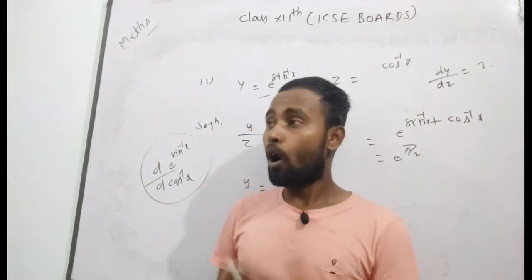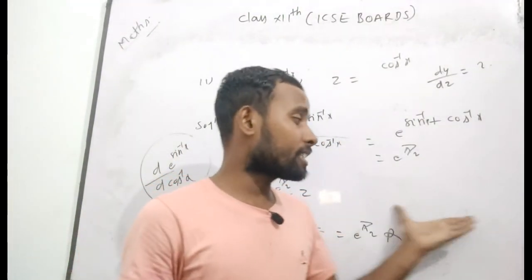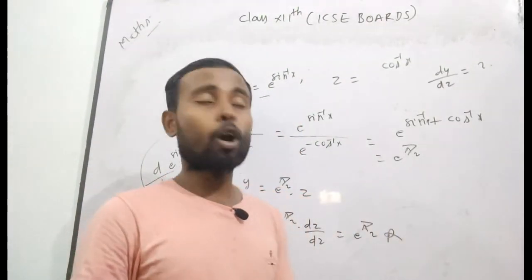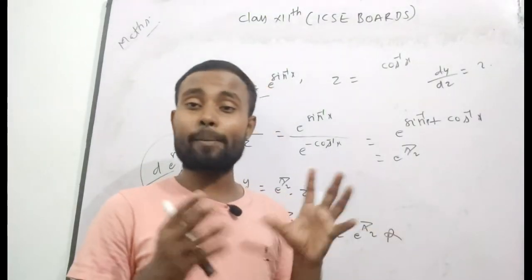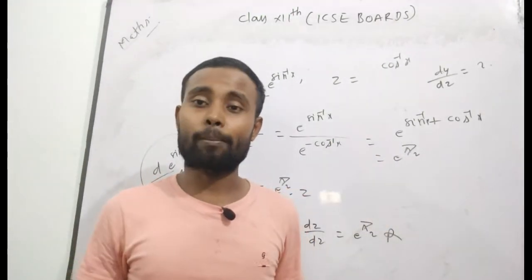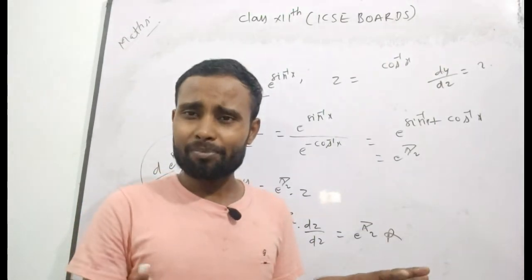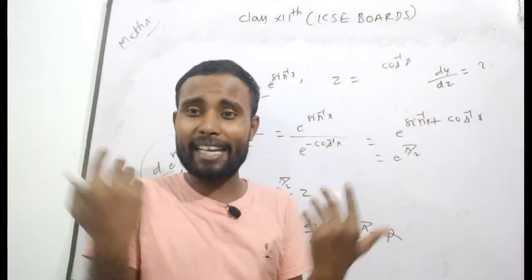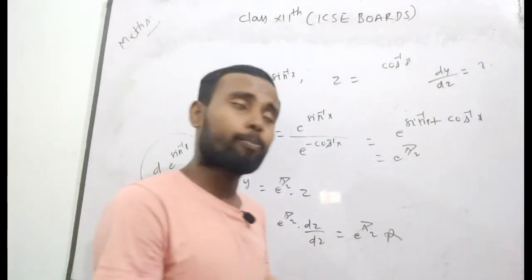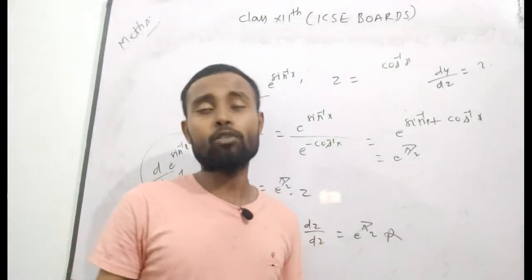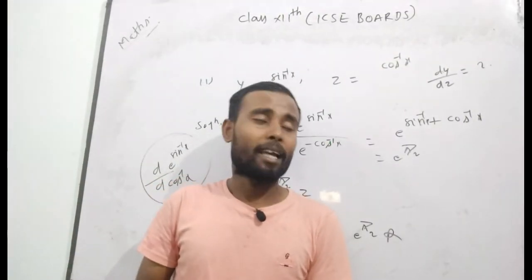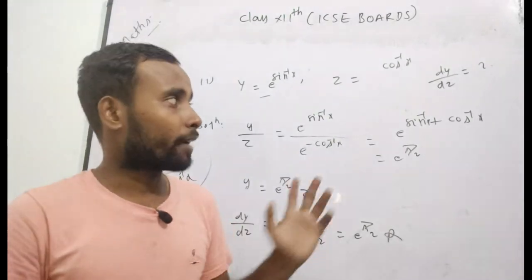As I have already told you, when a function is given as a multiplication of more than two functions, that means 3 or 4 functions, or the division of 4 or 5 functions, or the function is algebraically more complex, such as e to the power something, or cube root with power minus 7 by 2, in that case I suggest you always try to solve the problem by logarithmic function. Take log on both sides, which simplifies the given function into a simpler form and will be very helpful for you to find dy/dx.